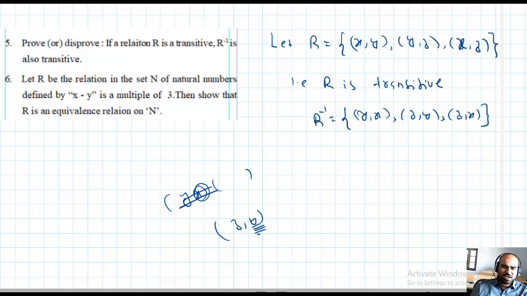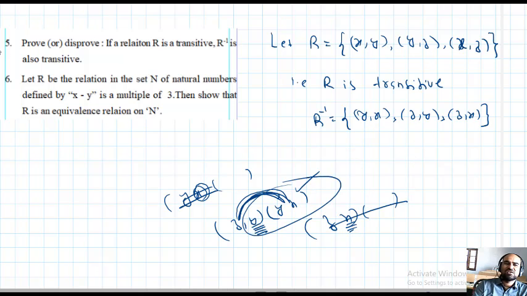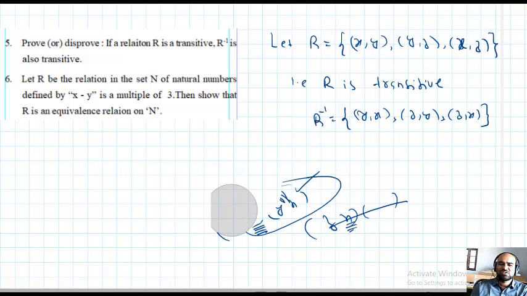You need to take another ordered pair starting with y. That is (y,x). So it should give (z,x). (z,x) is there. No problem. Next (z,x) is taken. Now take an ordered pair starting with x. Not there. What is the meaning of that? The given relation is satisfying transitivity.